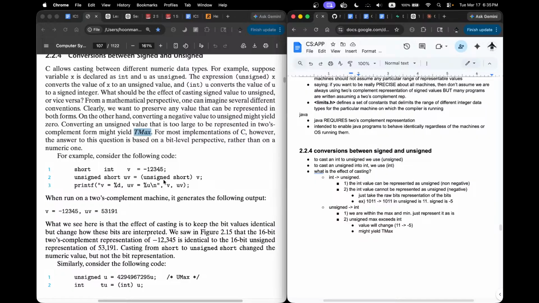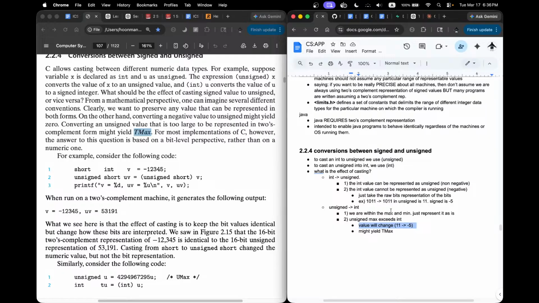When run on a 2's complement machine, it generates the following output. So v is still -12345, uv is 53191. I think it did what I said would happen.